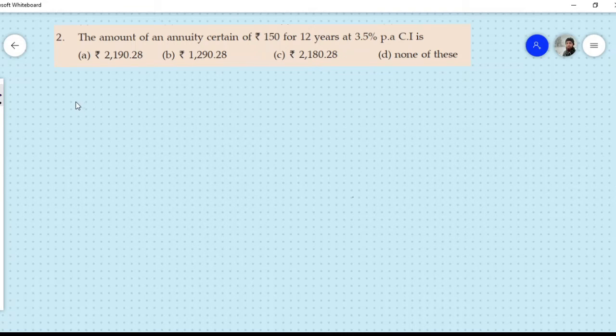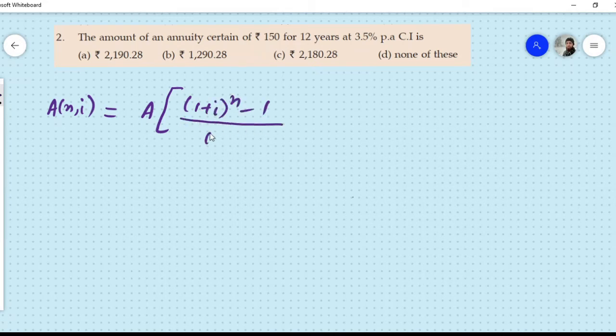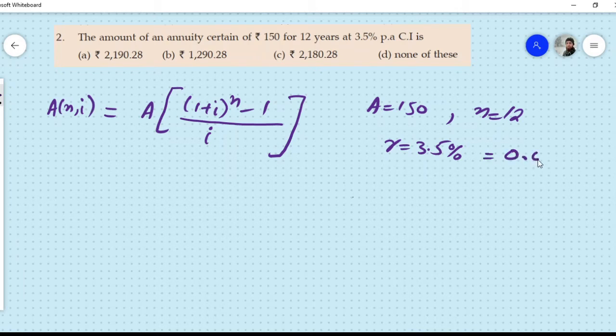or you may write it as A of NI, which is ordinary annuity. The formula for this is A into 1 plus I power n minus 1 divided by I. Since we are given A is 150, n is 12, and R is 3.5%, or I, which is equivalent to 0.035. So let us solve this.